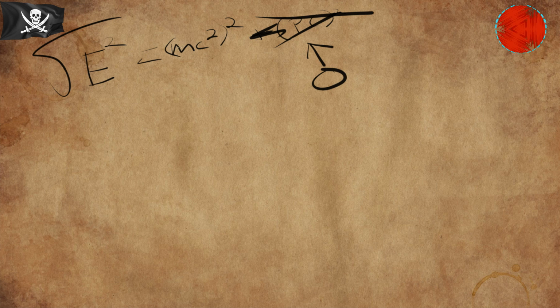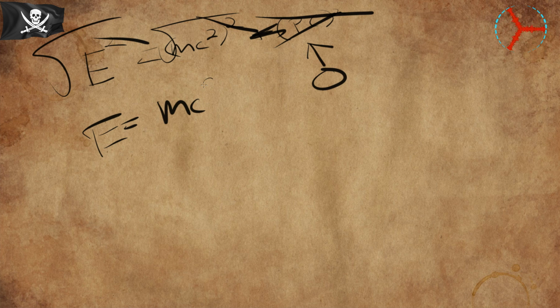When you square root this, it just knocks that out, so you get E equals MC squared, and this would be for massive particles with no momentum. That's just where that comes from. So that's the actual error that I made in that video that I wanted to correct first thing.